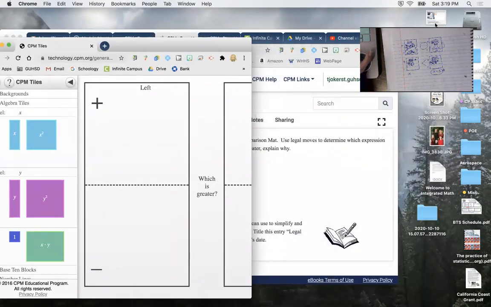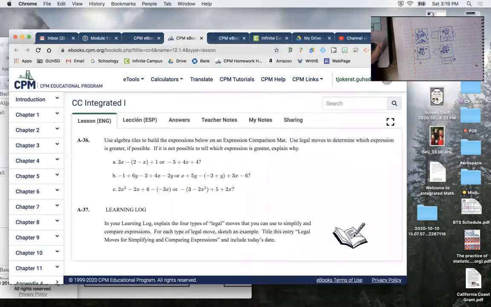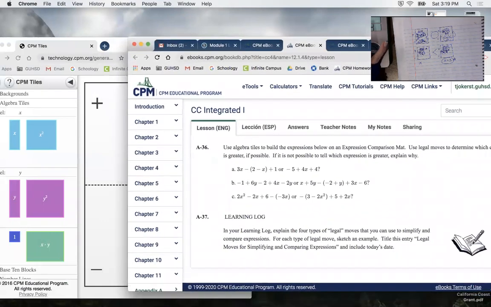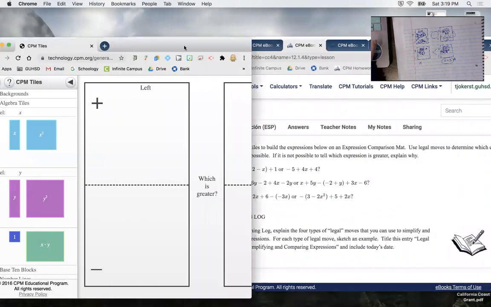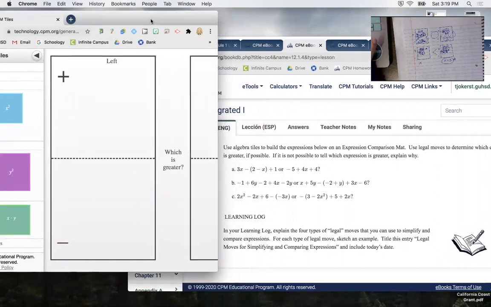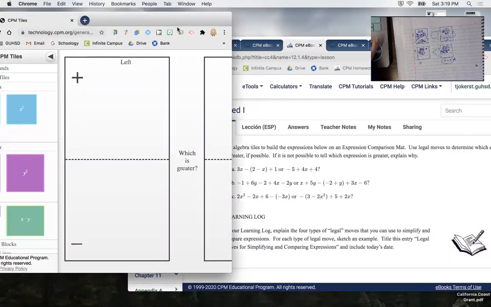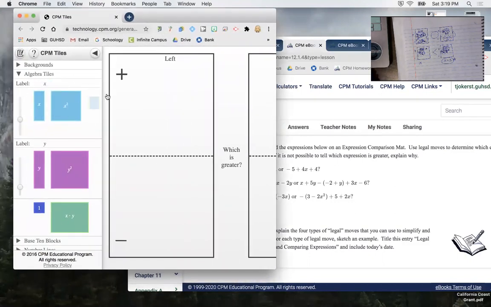I'm actually gonna switch spots. I know I have a lot going on this screen, but I want to be able to see it all. On the first one, I'm gonna build a 3x on the positive, so I'm gonna put in 3 x's to start. 1, 2, and 3, 3 x's.